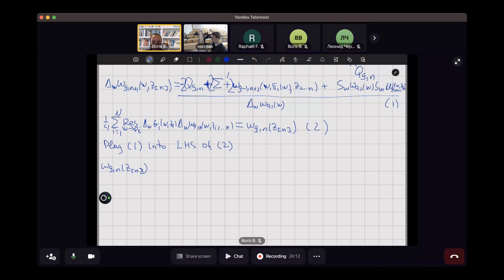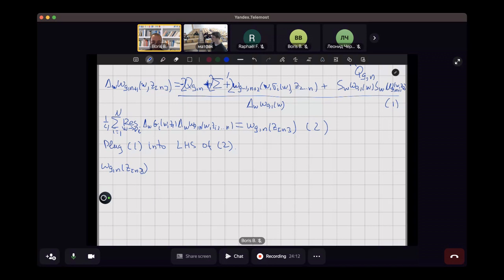So let me maybe write here 1 over 2. So I have here 1 over 4. I write here 1 over 2 and should divide everywhere here by 2. So I have then 1/2 of this stuff, yes. 1/2.